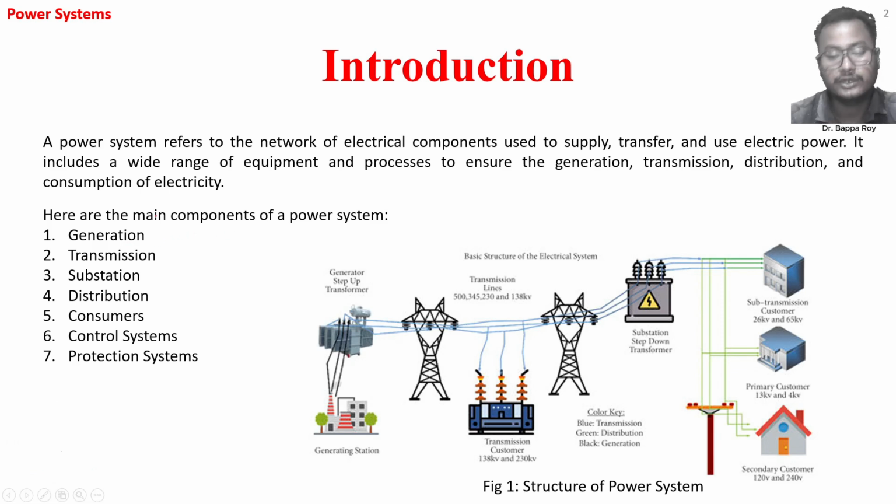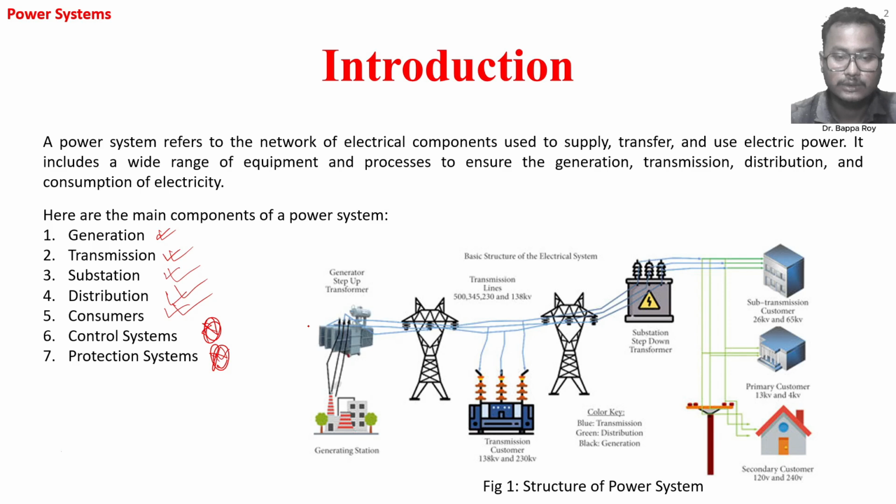Here the main components of power systems are generation. First of all, we are generating, then we transmit, then it's going to substation. From substation, we are distributing. From distribution, it's going to consumers. And then control system and protection system. These two are very important things.